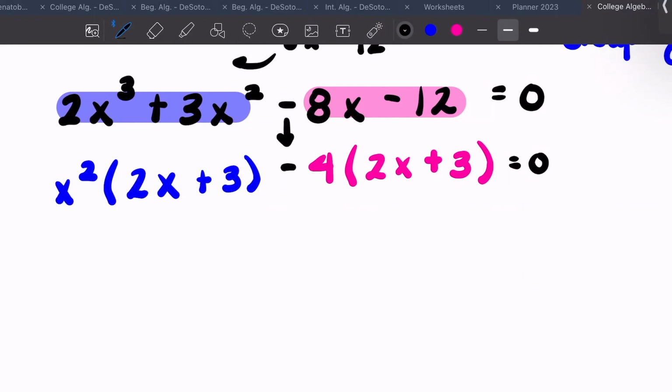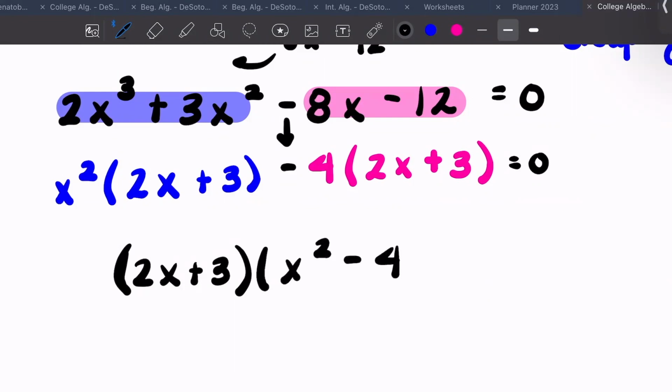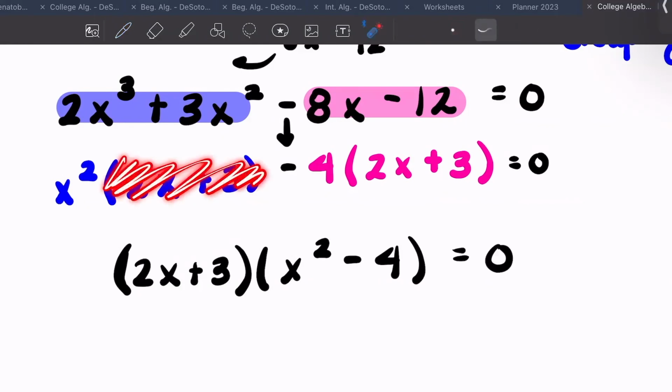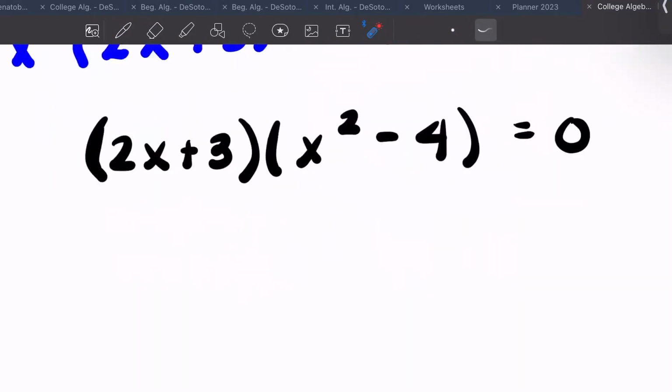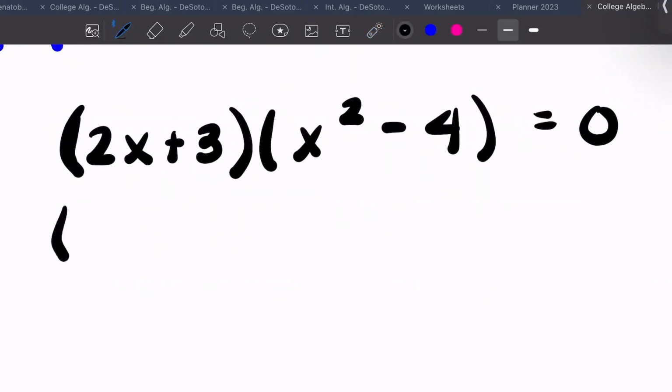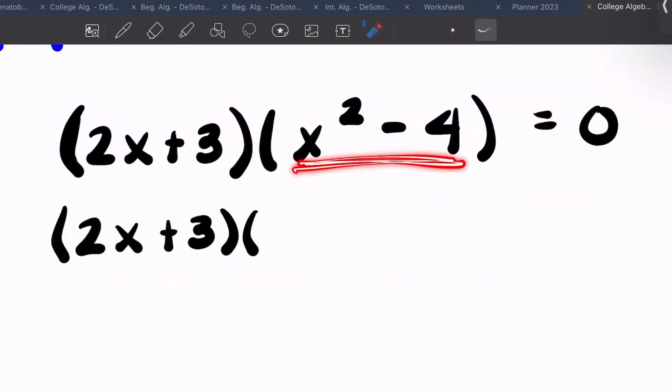And so now I just group the rest. So I have 2x plus 3. That gives me one set of my parentheses. And then I have everything else that's outside of my parentheses in one set. Okay, so I used this and this. So all I was left with was x squared minus 4. Well, then I noticed that this guy is the difference of 2 squares, right?